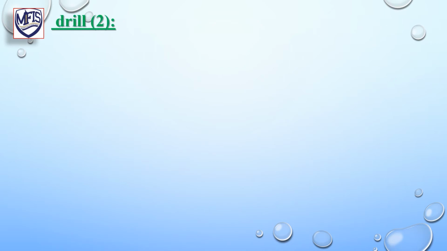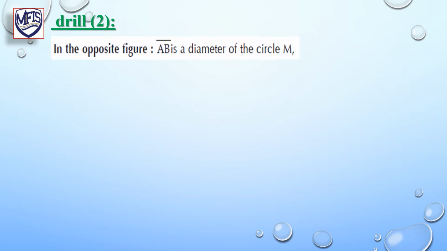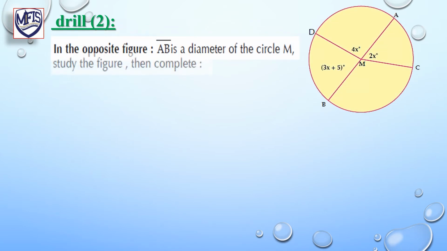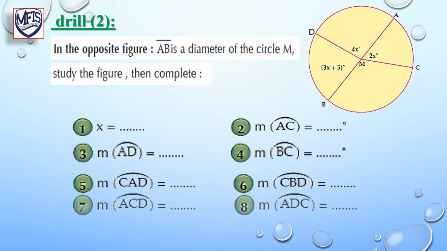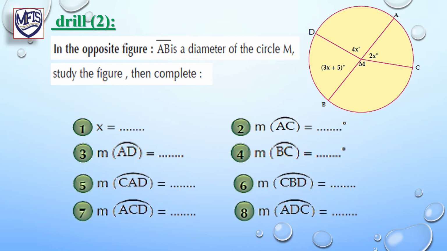Drill number 2. In the opposite figure, AB is the diameter of circle M. Study the figure, then complete. Now, I will help you to find the value of x in number 1. Then, I will ask you to stop the video to solve the problems, then check your answer. Now, how to find the value of x?